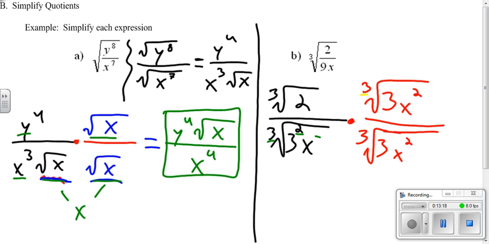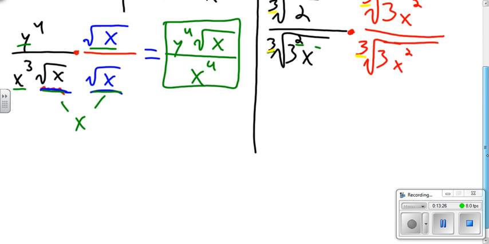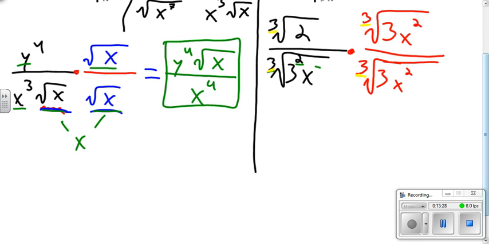And noticing here that all of our indices are 3, we can just combine our terms as we multiply them across. So our numerator becomes cube root of 2 times 3x squared. 2 times 3 is 6, x squared.